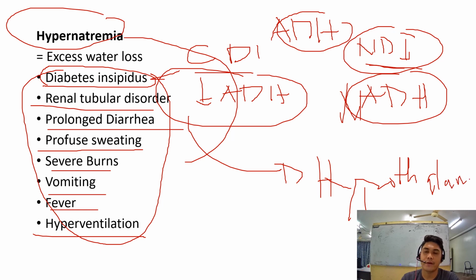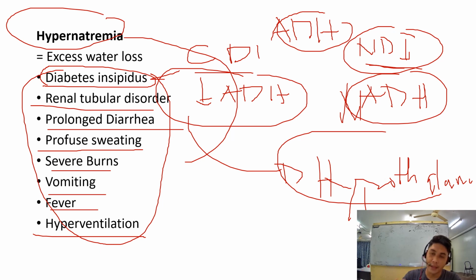If the hypothalamus is not functioning, meaning it cannot activate your thirst mechanism, then the patient with DI, renal tubular disorder, prolonged diarrhea, profuse sweating, severe burns, vomiting, fever, or hyperventilation will experience hypernatremia.